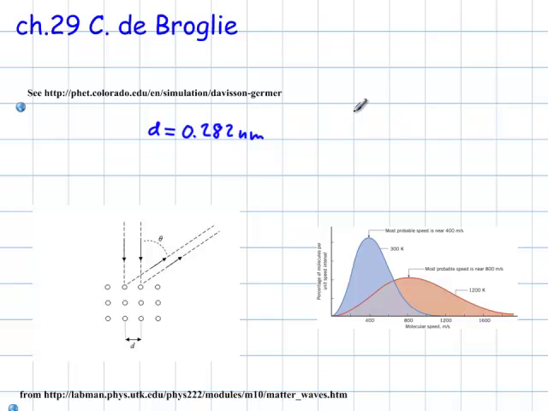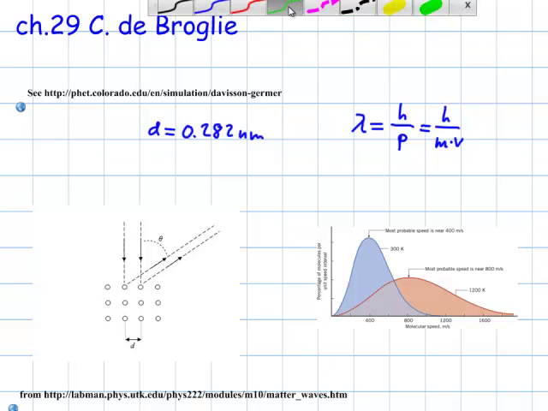Okay, and finally to the problem. The calculation is actually really simple. The wavelength equals Planck's constant divided by the momentum of the particle, which is Planck's constant divided by the mass times the velocity of the particle. We may contrast that with light, where the wavelength equals c, the speed of light, divided by the frequency.